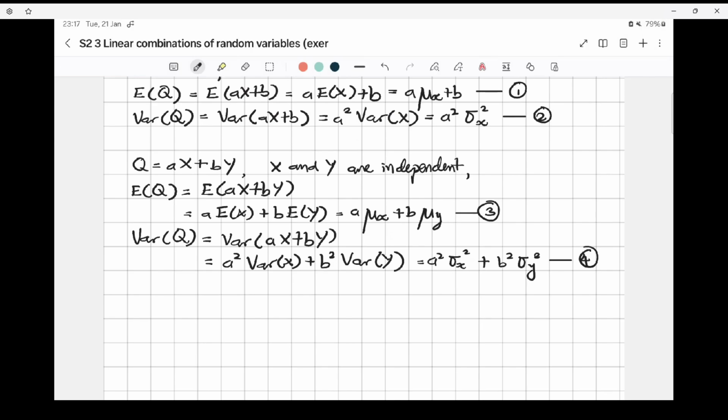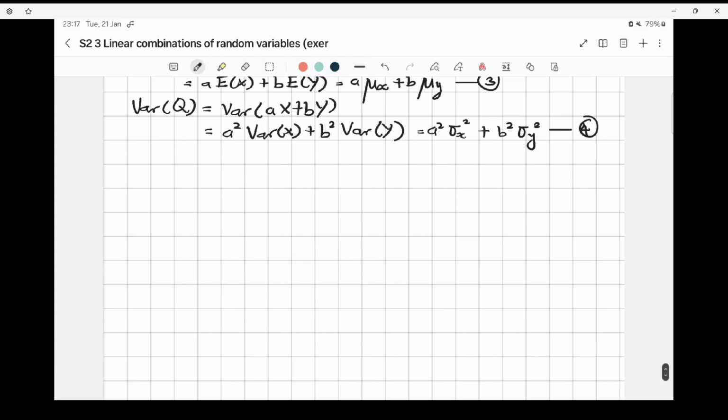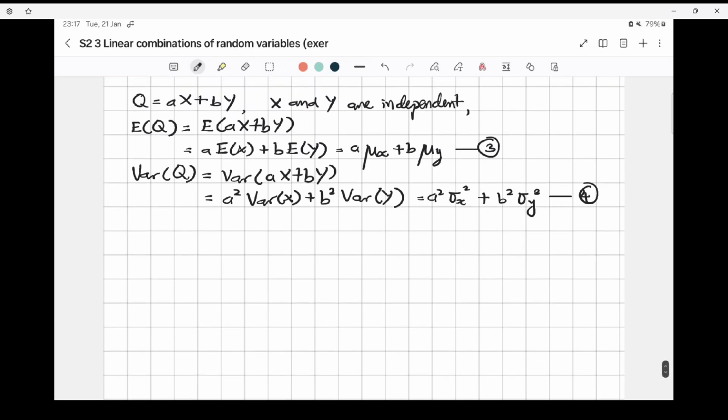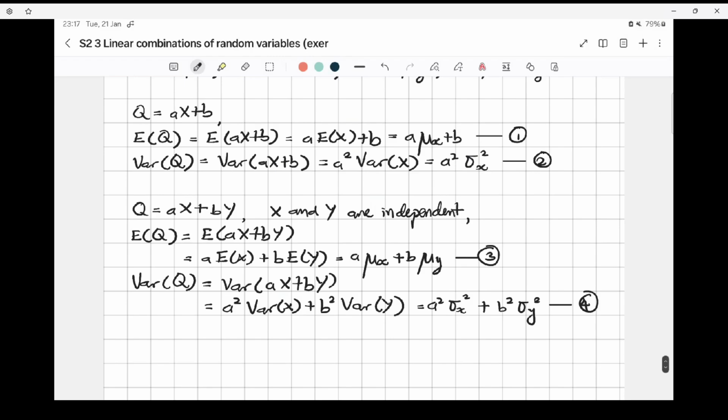But for the second case, you just have to make sure that they are independent. Technically speaking, if you can't memorize or understand what I did in the last video, because I understand that the derivation is kind of lengthy, then you can just memorize the final results. I'm just showing you how to arrive at those results.